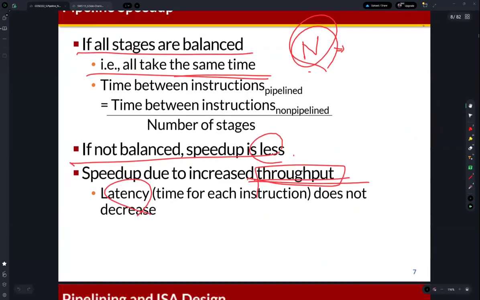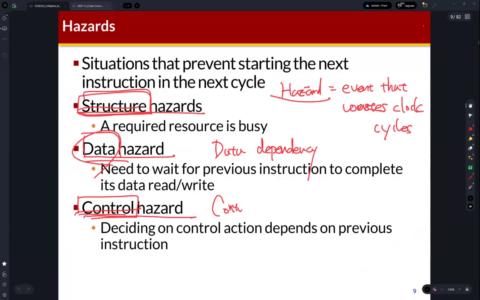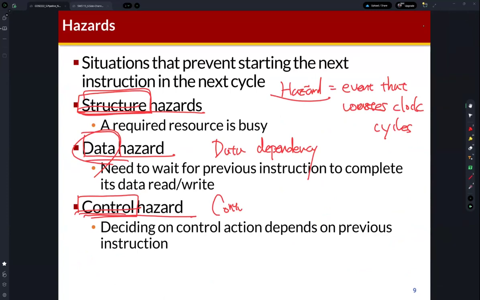In the pipelining architecture, we need to consider hazards. It's also very important. You need to understand the concept of hazard. There are three types of hazards, and you can understand that hazards are events that waste clock cycles.